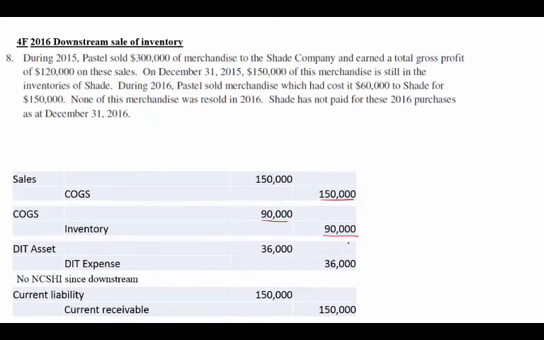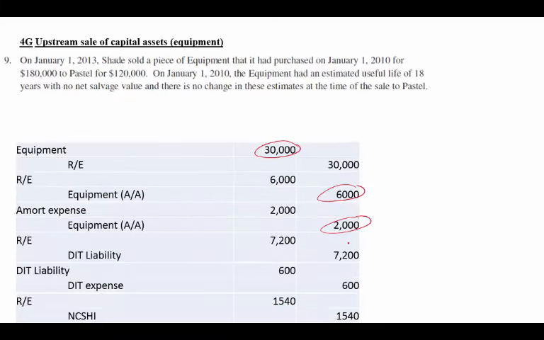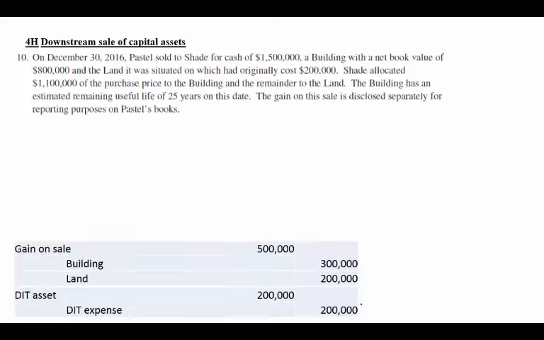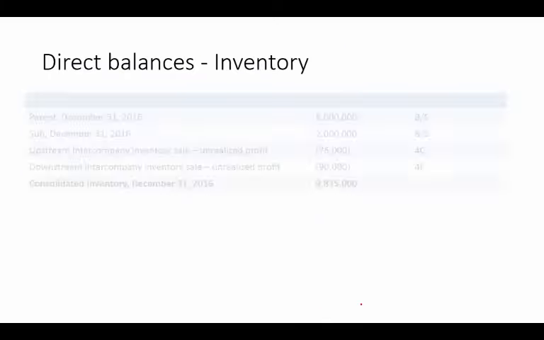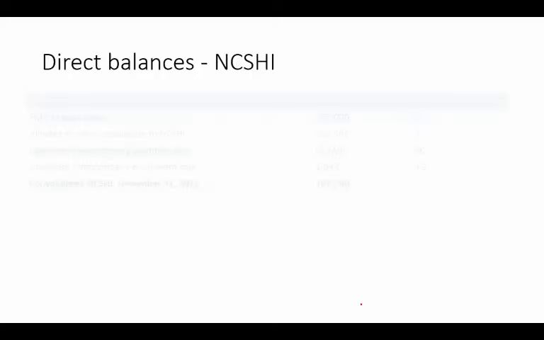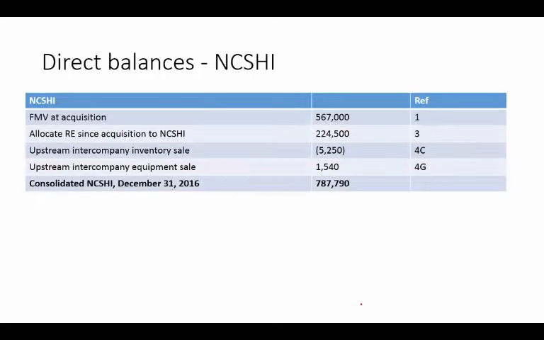And we give a little bit back to NICSHI for this intercompany capital asset sale at a loss. Pull all of those amounts together, and we end up with a consolidated NICSHI of $787,790.